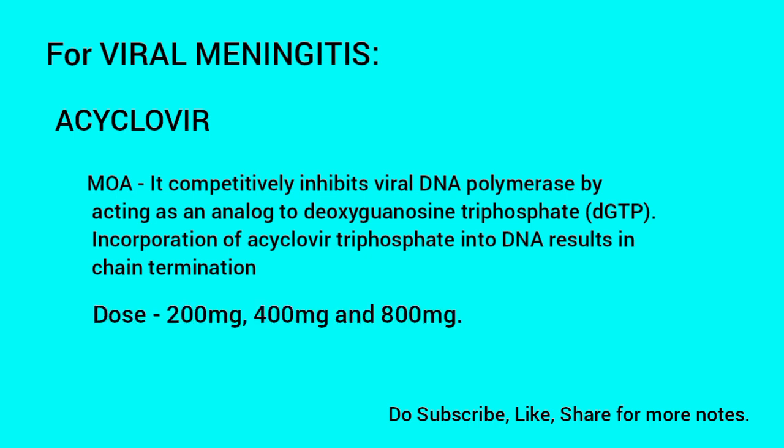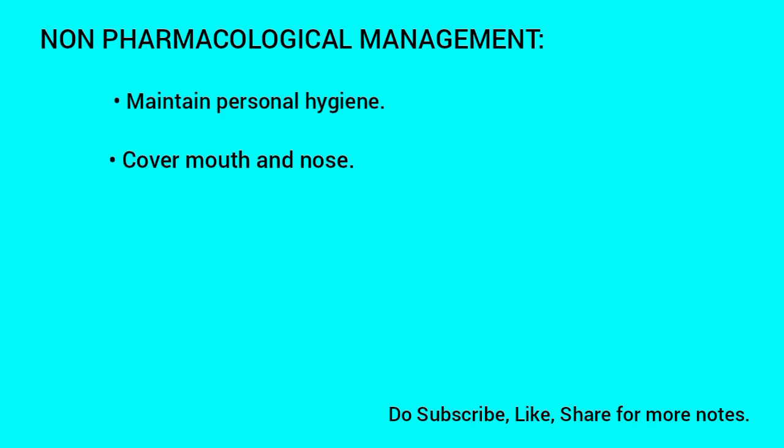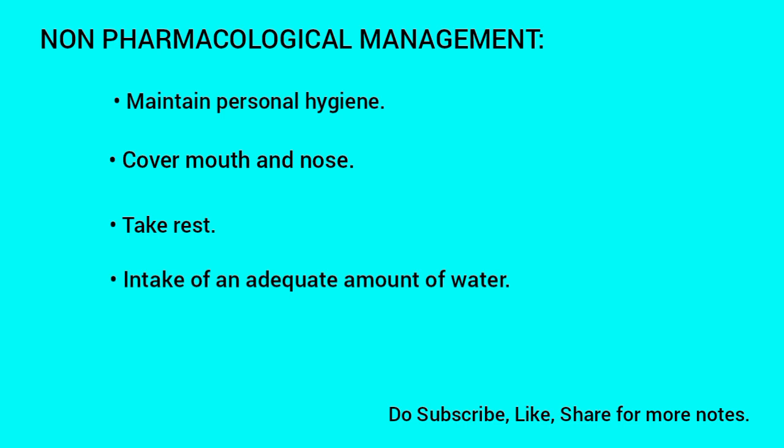The available doses are 200 mg, 400 mg, 800 mg. The non-pharmacological managements are maintain personal hygiene, cover mouth and nose, take rest, intake an adequate amount of water, take fresh fruits and vegetables.